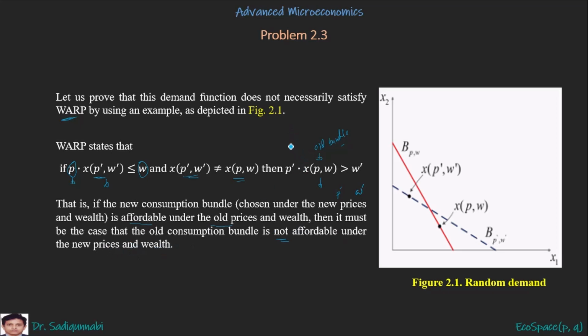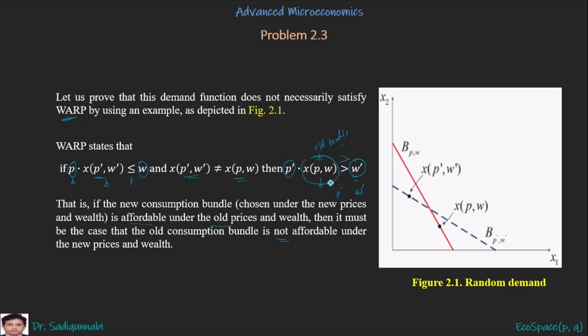So if this is affordable, then the old bundle at the new price should not be affordable. That means this inequality holds over the new wealth W prime. If this is the case, then we can say that WARP is satisfied.